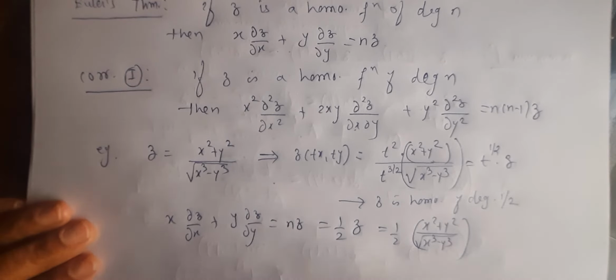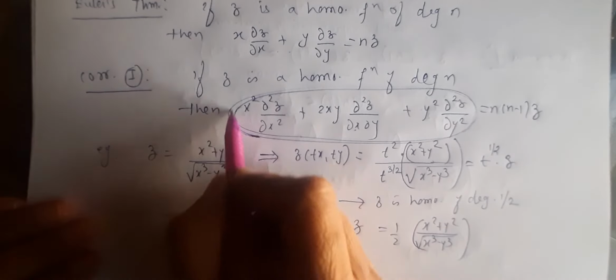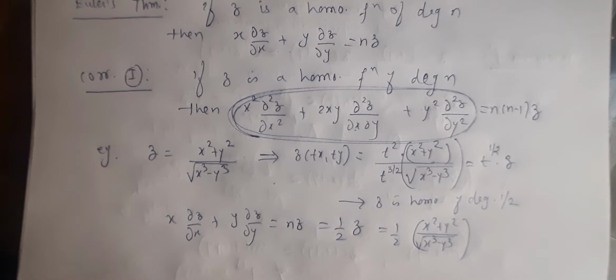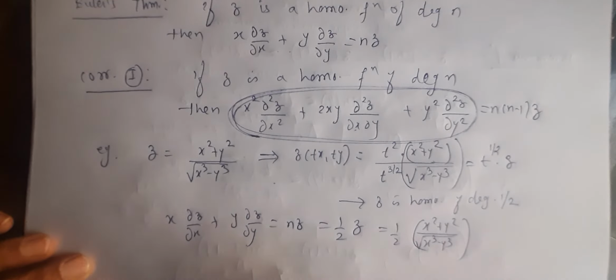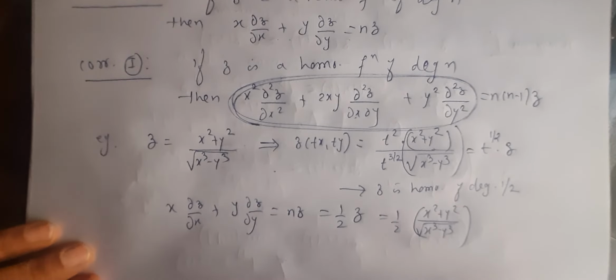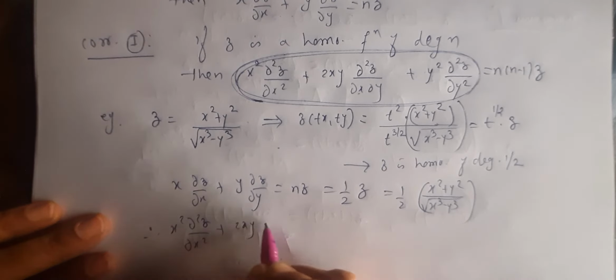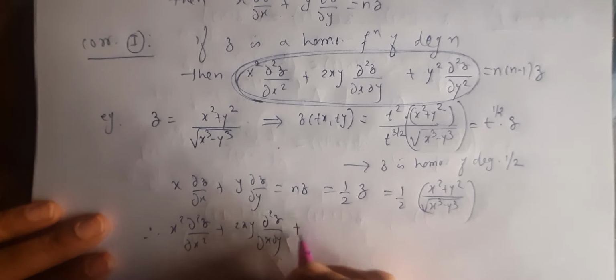And similarly, for the second expression which we want to find, as I said, instead of finding all its derivatives, just check it is homogeneous. If you get that it is homogeneous, then this expression is n into n minus 1 into z. For our case, our n is half. So for this problem, we are going to get the second expression by using corollary 1.